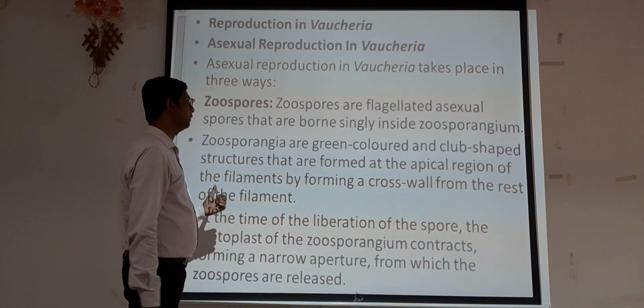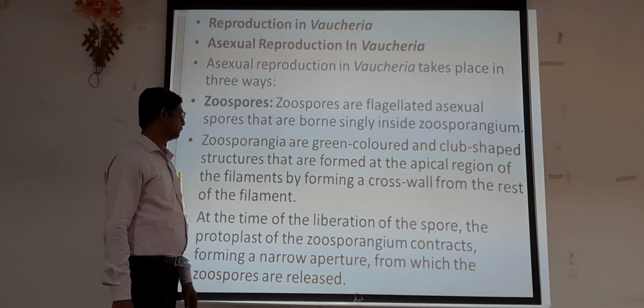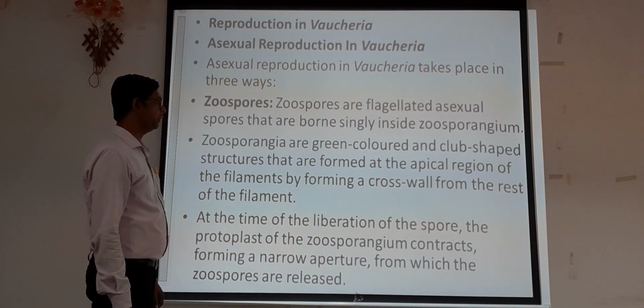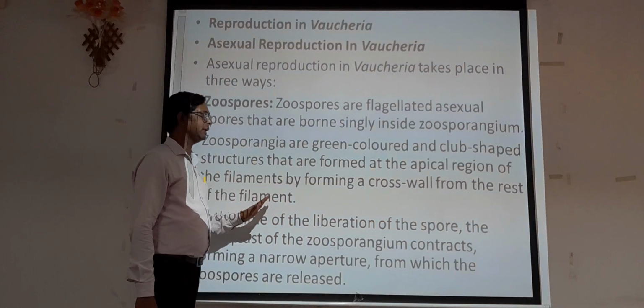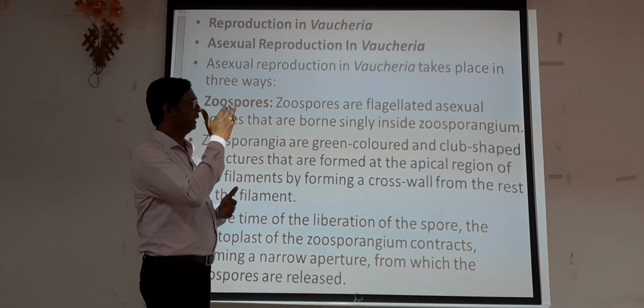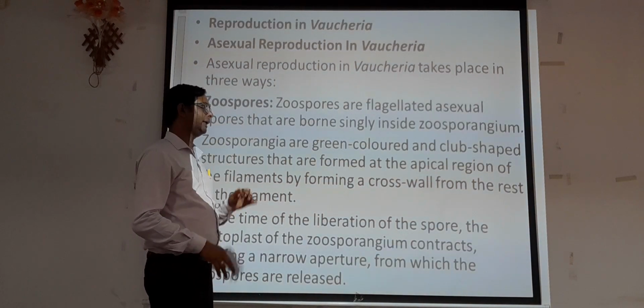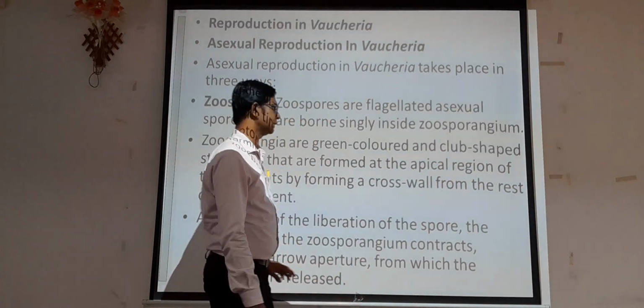Zoosporangia are green-colored, club-shaped structures that are formed at the apical region of the filament by forming a cross wall from the rest of the filament. So just like the aplanosporangium, the zoosporangium is also club-shaped. It has septa, and it is also produced at the apical region of the thallus.